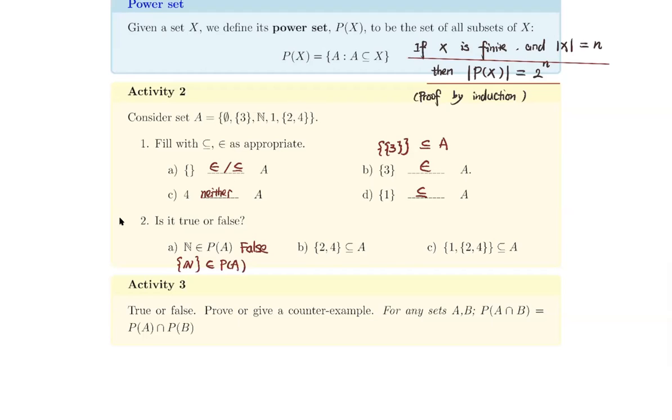Part B, yes. Part B is this true or false? 2, 4 is a subset of A. False, okay? False. So what's the correct one?